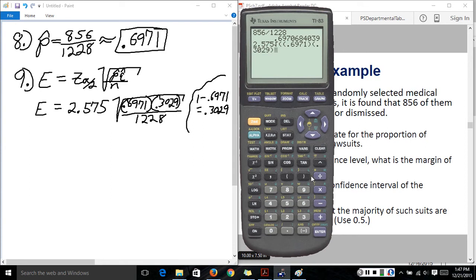Close that parentheses, divided by 1,228, and then I'll close the parentheses one more time. That closes the original one that was open with the square root. When I press enter, I'll get my answer, and there it is. That's my margin of error. We'll round it to 4 places since this is a proportion. So the margin of error is about 0.0338. That's my answer for number 9.